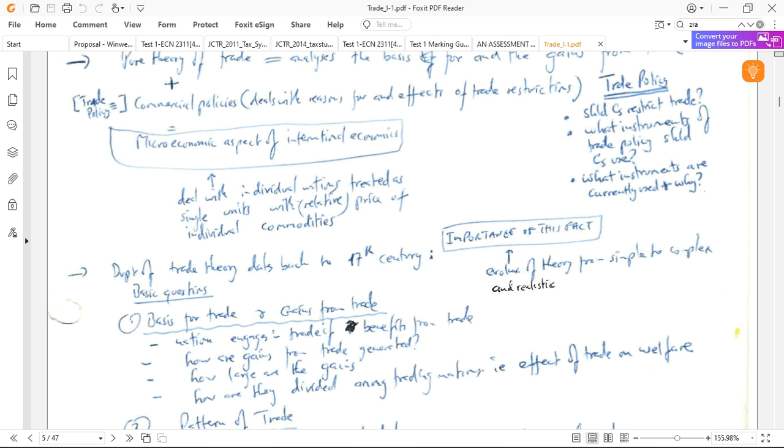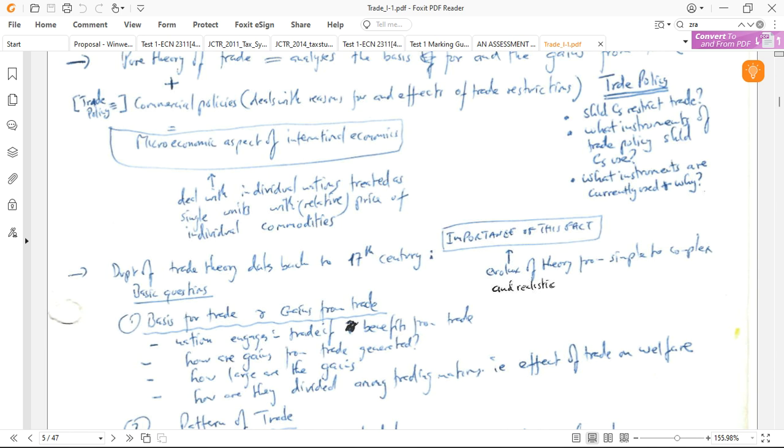But how are these gains going to be generated? What mechanism are you going to use? At the same time, we need to ask how large these gains are. The larger the gains, the more beneficial our interaction is going to be. All this is covered under trade theory.